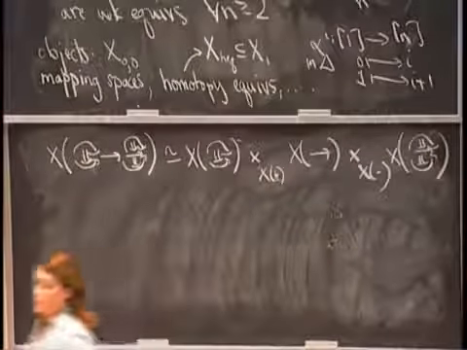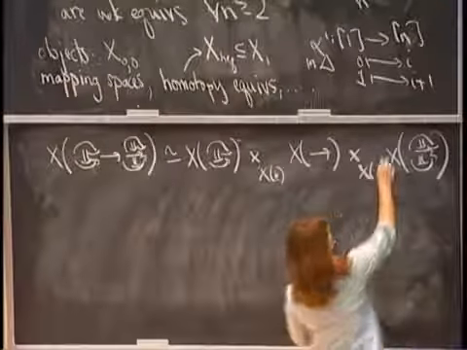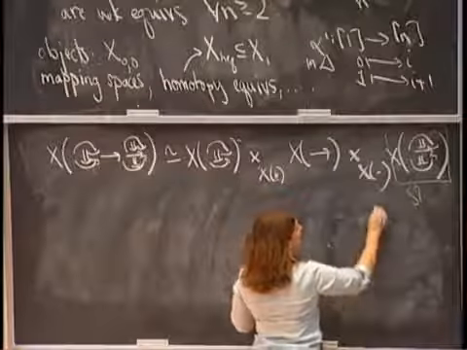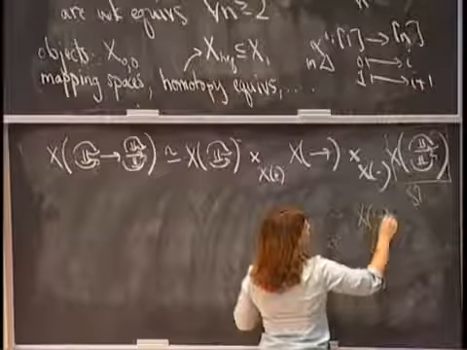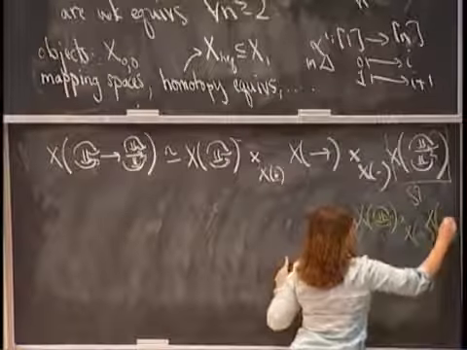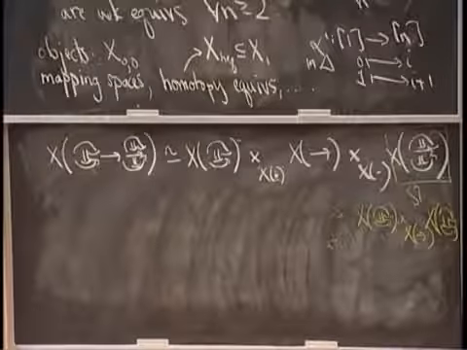So that's one level. But then the second level, this guy should look like X of this guy crossed over X of that guy, X of another one of these guys.